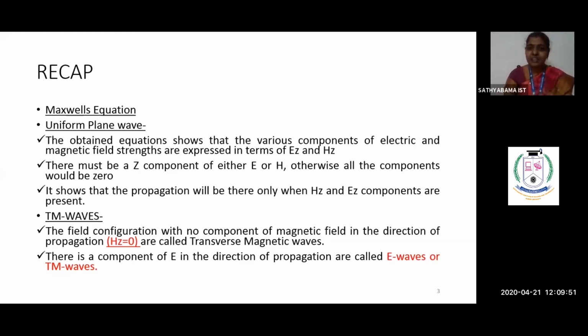Having 3 directions means you have 6 radiation components. What do we mean by radiation components? The electric and magnetic components present in the wave, propagating inside a medium. So there are 3 directions, 2 components in each direction, totally 6 components.